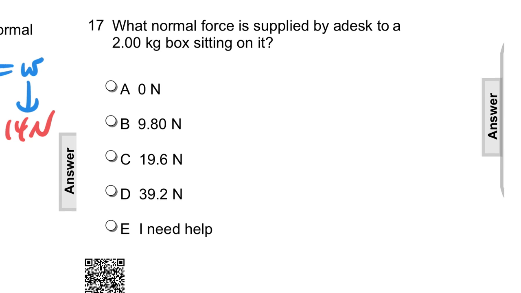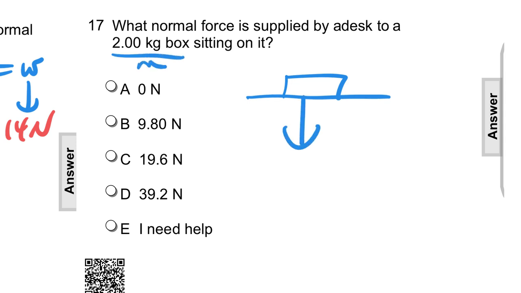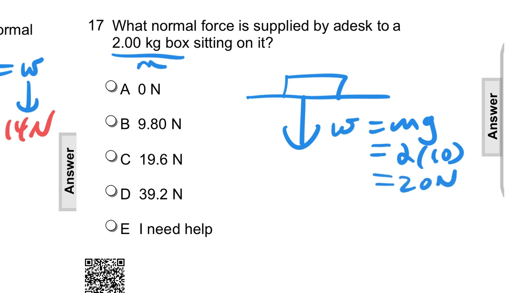Okay, these are all the same, but in this case they're being tricky. What is the weight of a 2 kilogram box? Okay, don't confuse weight and mass. So 2 times 10 is 20 newtons.